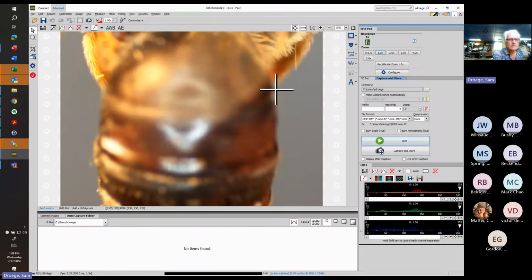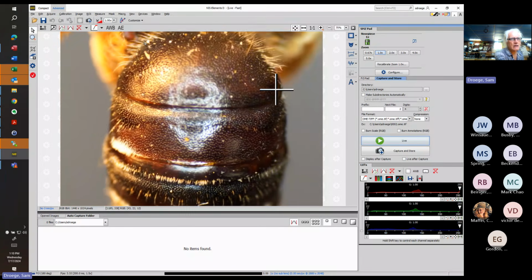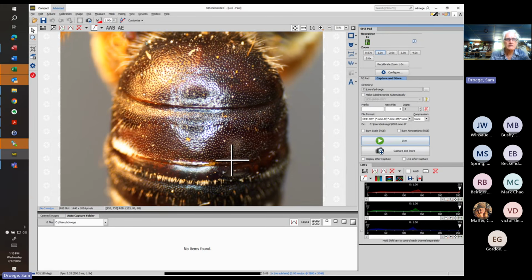Okay, so what we're looking for here is another general character of Trachandrena: the depressed area of the rim, which under most circumstances most bees have. By depressed, we mean the elevation of the area along the rim is slightly below the rest of the area.